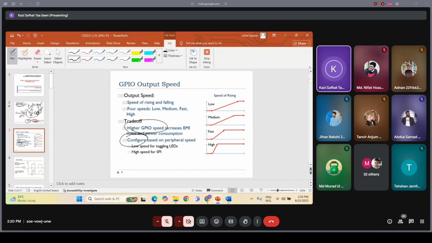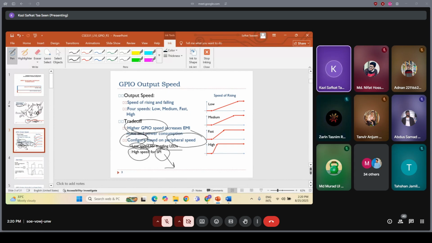Which speed to use? It depends on the application. If you're toggling LEDs, you would like a low speed. If you're using a slow peripheral, you would want a high speed for the transitions. So you have to decide the speed based on the peripheral speed.